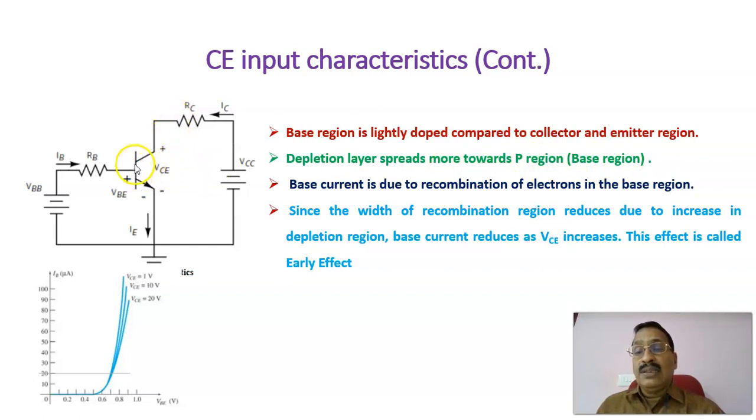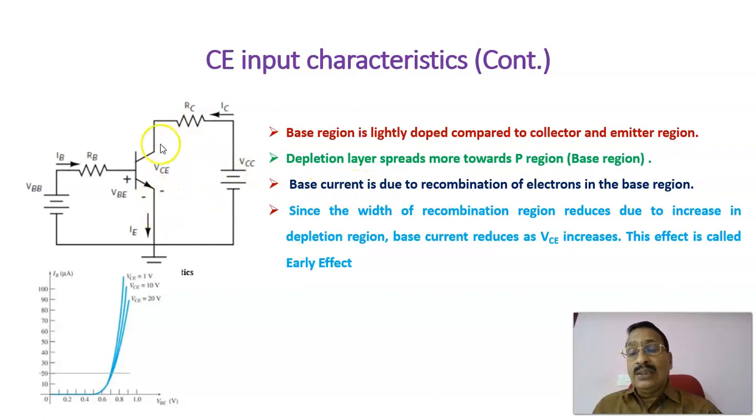The collector to base junction is reverse biased, so there is a depletion region between collector and base. Since the base region is lightly doped, the depletion region spreads more towards the base region, the P region, than towards the collector region.